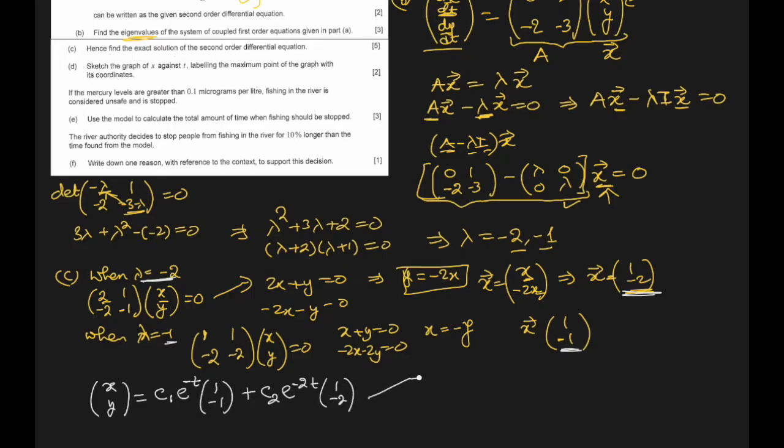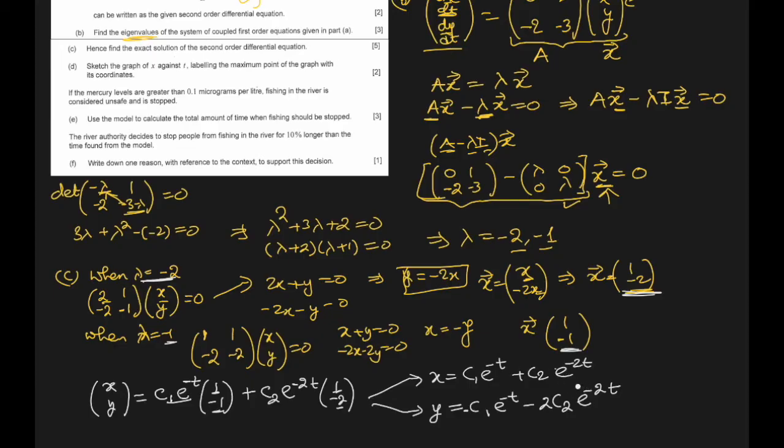And if we get two equations from this, first x will be equal to c1 e to the power minus t, right? c1 e to the power minus t times 1 plus c2 e to the power, multiplied by 1 again, e to the power minus 2t, so I'm not writing 1. y will be equal to c1, because this minus will get negative c1 e to the power minus t, and because of minus 2 we'll get minus 2c2 e to the power minus 2t.